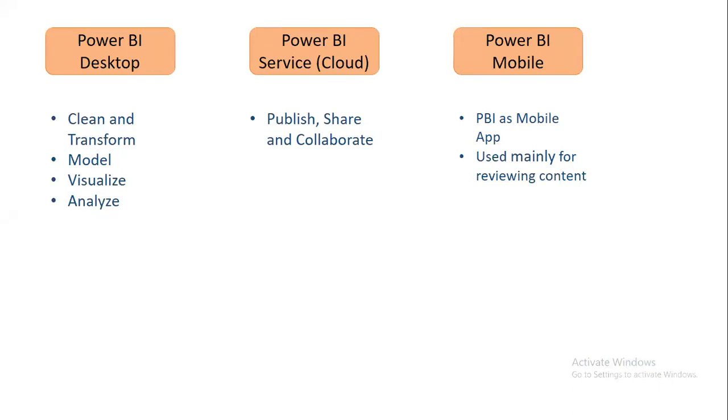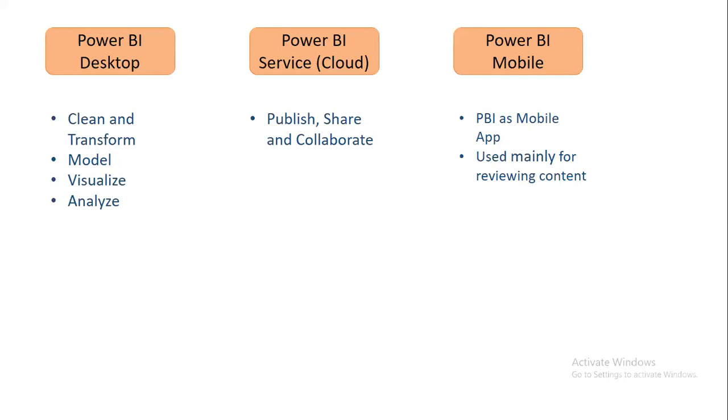Now, whether you can edit, whether you can share, whether you can apply some security constraint to particular data, such as page level security or row level security, or whether you can use certain AI-based apps or machine learning algorithms in this, depends on what kind of license you have. In free license, the most you can do is just publish it in the cloud. You can't share it with others. You can share it only within your own workspace.